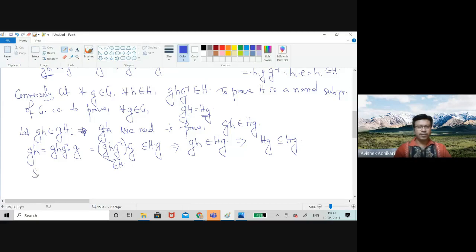Similarly, you can prove that Hg is also a subset of, sorry, here I think I have made some mistake. Yes, so it should be gH.